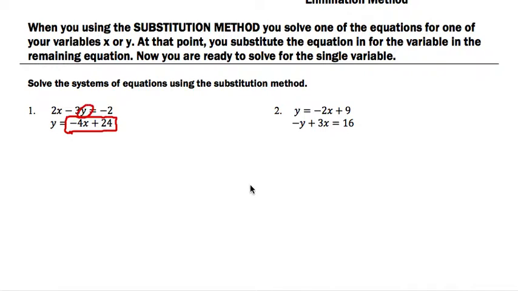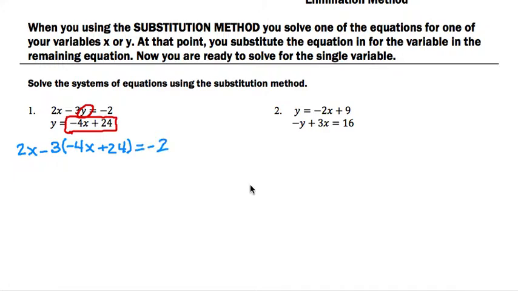Because if they're equal, then one can substitute for the other. So that means our top equation is going to become 2x minus 3. So it was 3y, so that would mean 3 times y. Since we're replacing y with this whole expression, we're going to have to use a set of parentheses. And that's equal to negative 2.